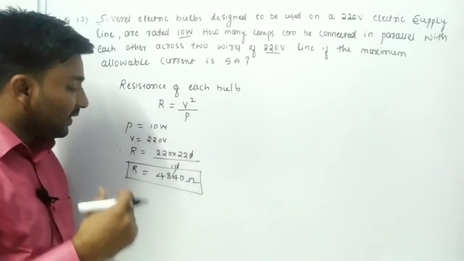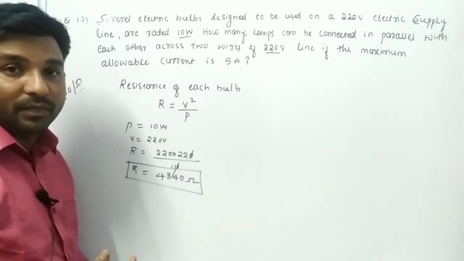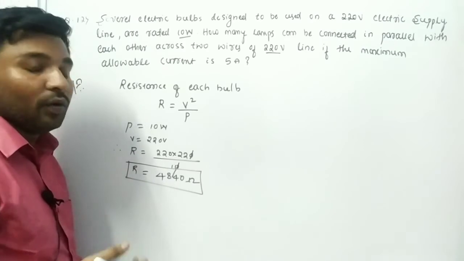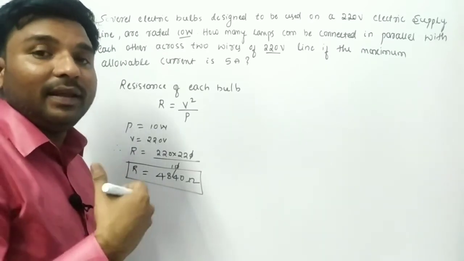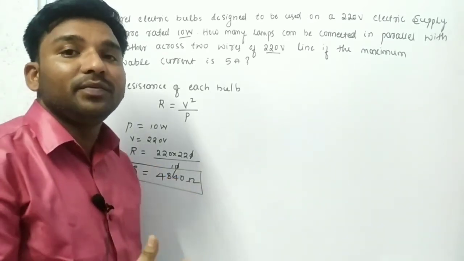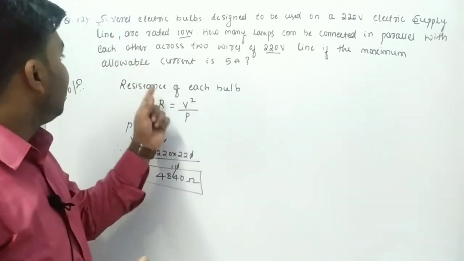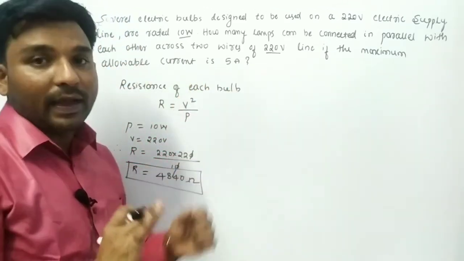Now these bulbs which are having the resistance 4840 ohm should be connected in parallel. So how many bulbs should be connected in parallel? That is, it should allow the current 5 ampere.